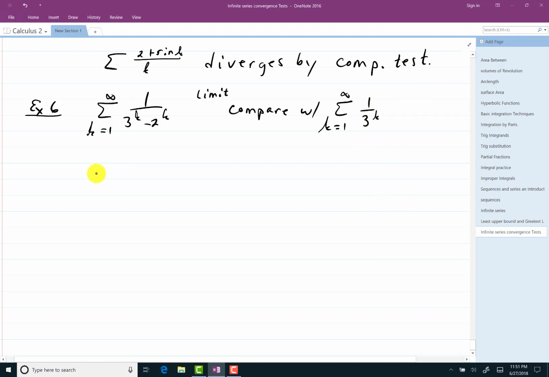So when I do the comparison, I'll have 1 over 3 to the k divided by 1 over 3 to the k minus 2 to the k, and that equals 3 to the k minus 2 to the k all over 3 to the k.